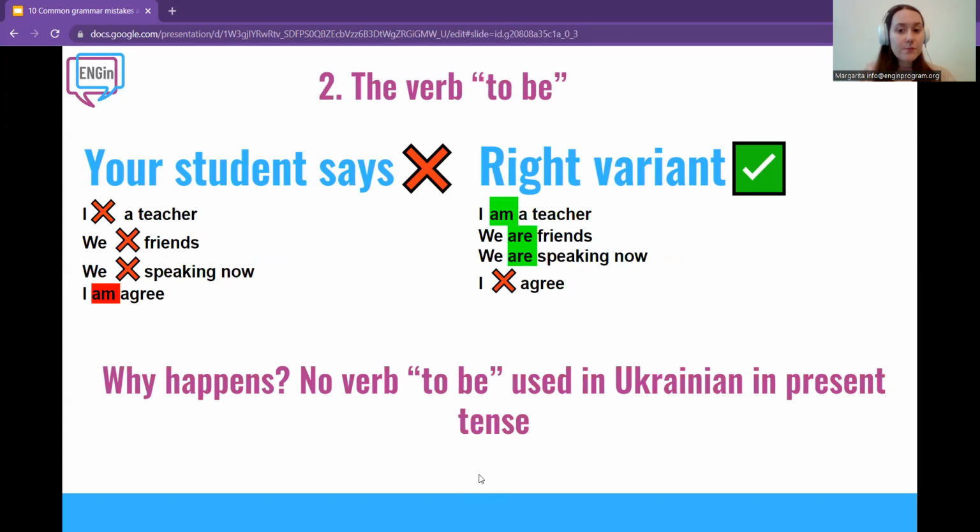The word agree sounds similar to the word angry, which is used with the verb to be, and Ukrainians draw the mistaken analogy with to be angry, to be sure, to be sorry, and so on. The phrase, I agree, she agrees, is used with the adjective agree in the Ukrainian language, while in English, the word agree is a verb. What to do? That's why we need to say, I agree with you.